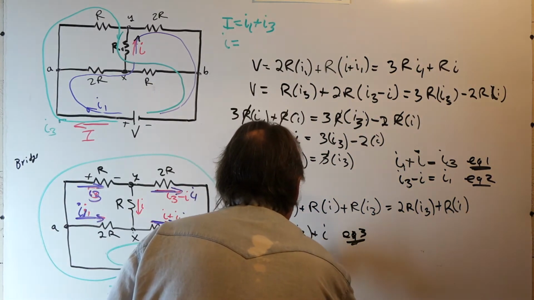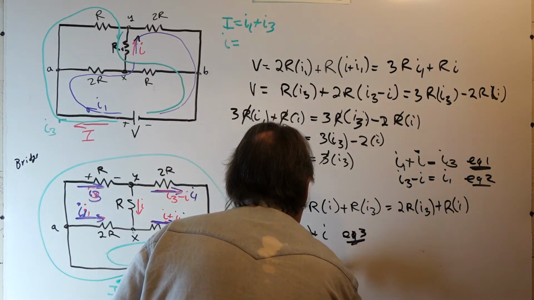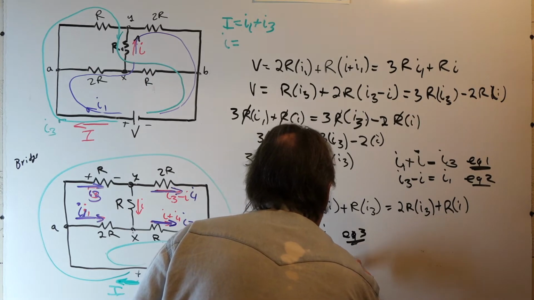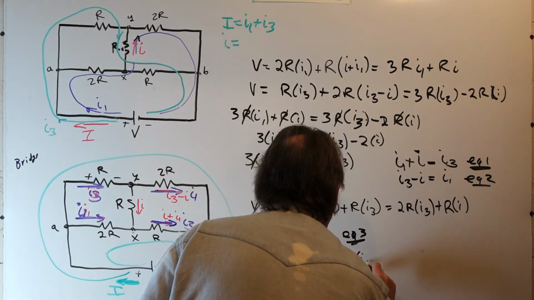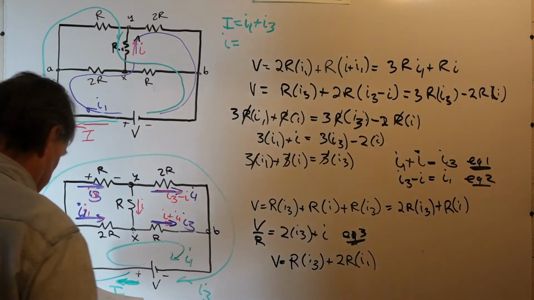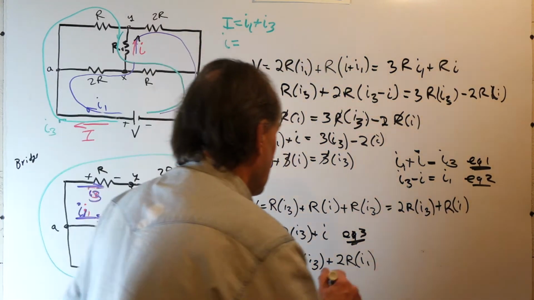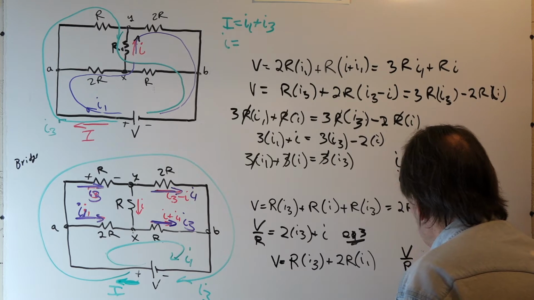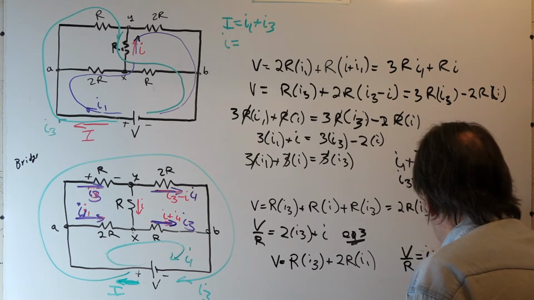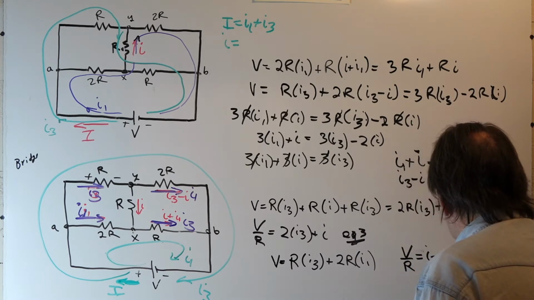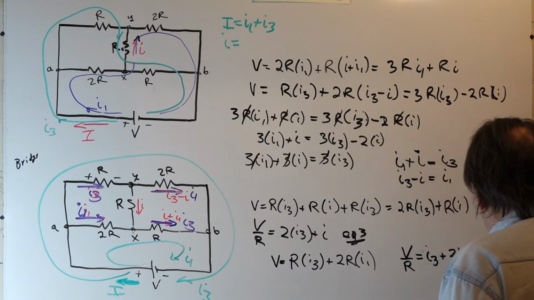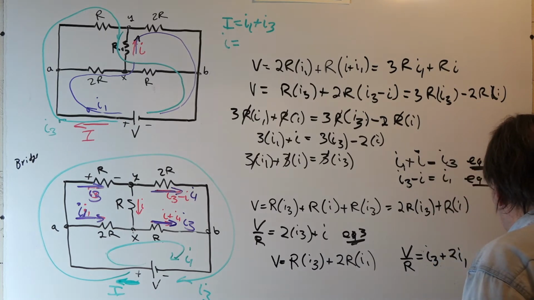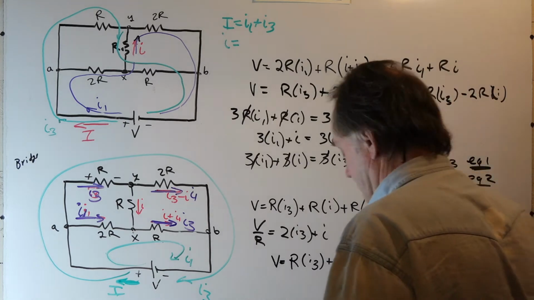So we have R I3 plus 2R I1. Or rewriting this, dividing through by R, we have V over R equals I3 plus 2I1. And this is our equation 4.